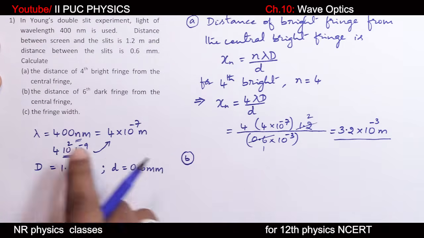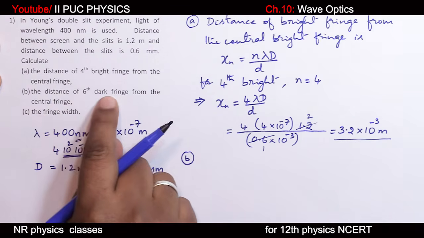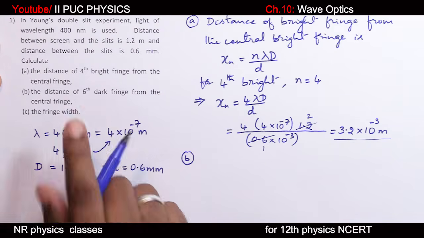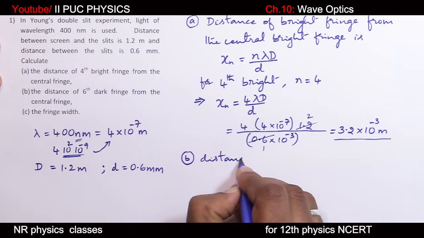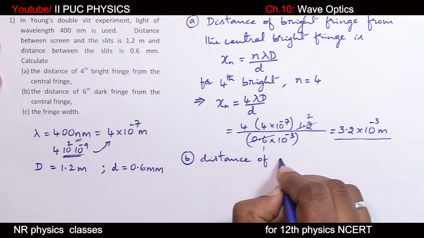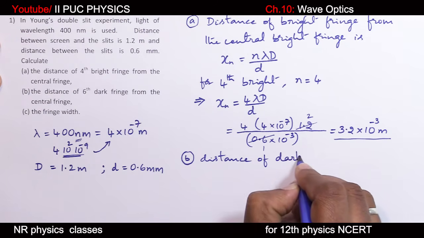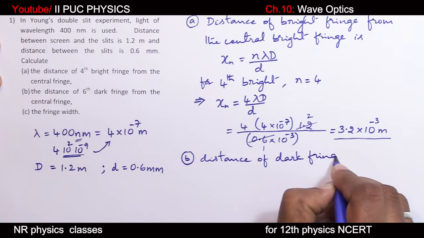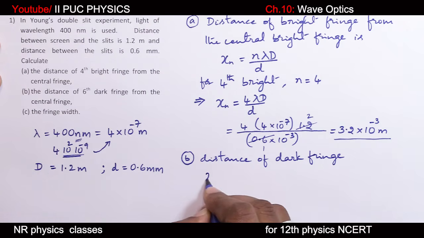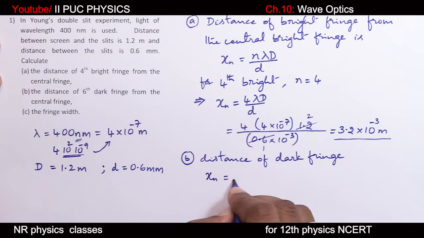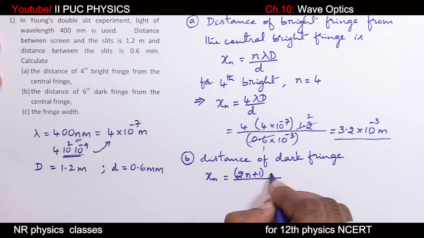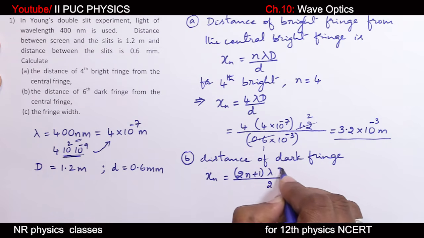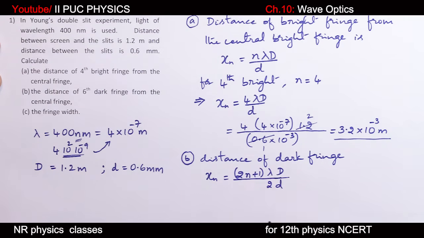Second, distance of sixth dark from the central fringe. Distance of dark fringe from the central bright means xn equal to 2n plus 1 lambda by 2 capital D by small d.